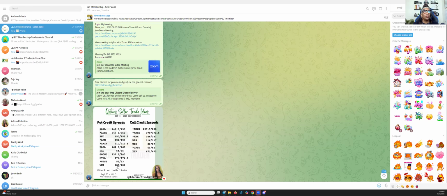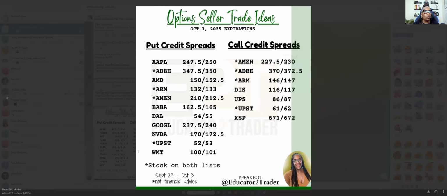Sorry, y'all. But yeah, I think a few things. One of them, you could use your fair value gaps with these. We could also use strat numbers, because if you're looking at the daily or the weekly and you see that it triggers going up from a strat standpoint, and it triggers a weekly or a daily going up, then you can ride with that and put that trigger to be an entry for a put credit spread.